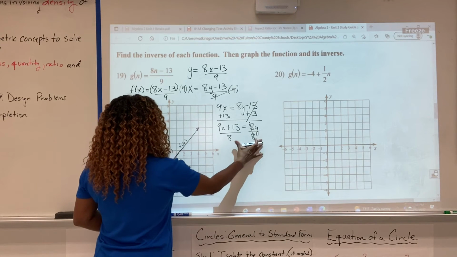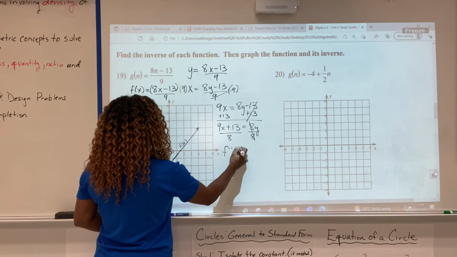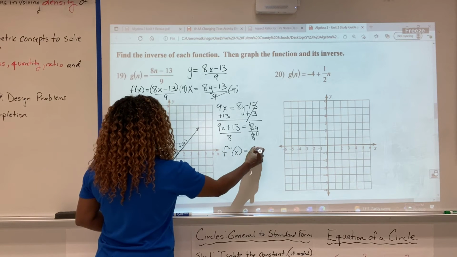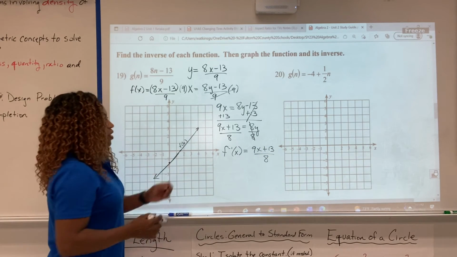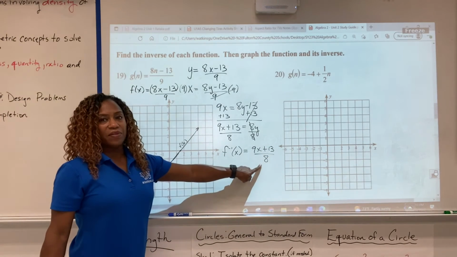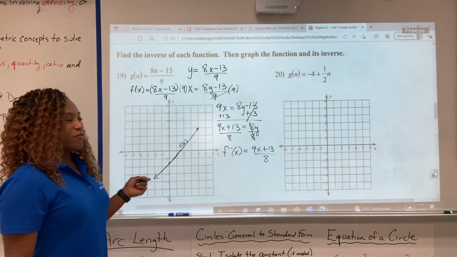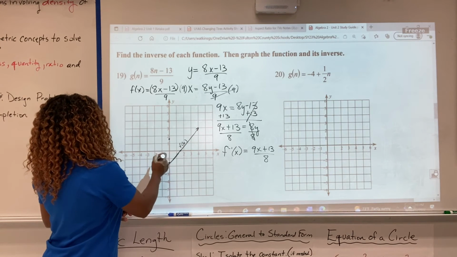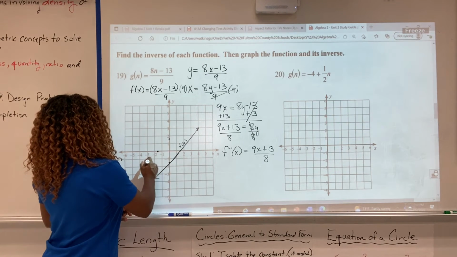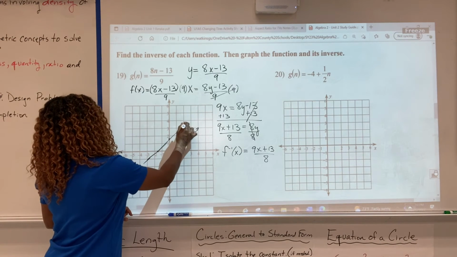So I'm gonna go ahead and rewrite my y as f inverse x is 9x plus 13 over 8. And then we will put this inverse function into Desmos so it can graph it for us also. It should look similar to this. So something like this when you graph it.